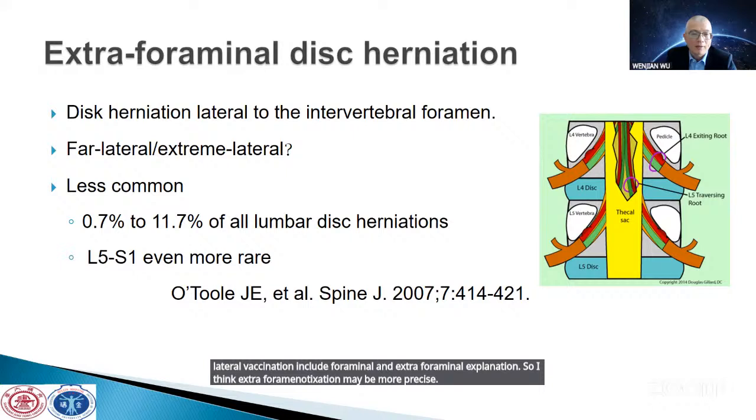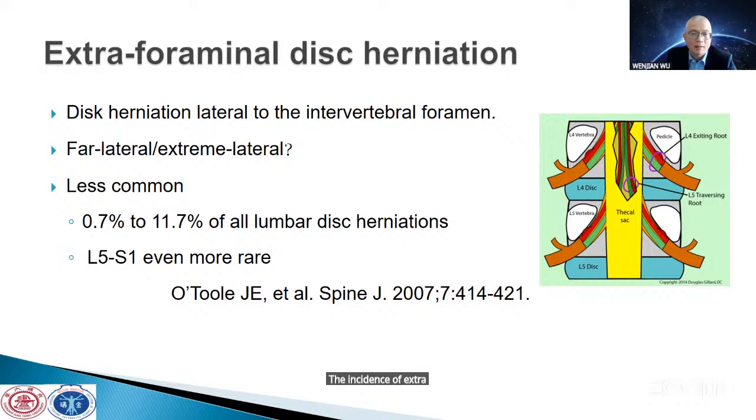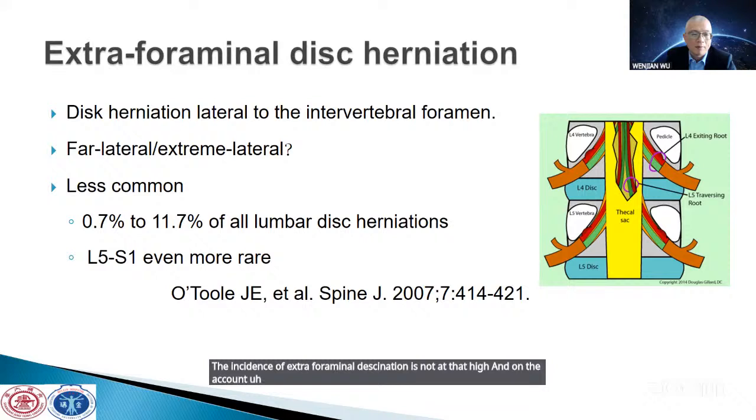The incidence of extraforaminal disc herniation is not that high, accounting for maybe about 1 to 12% of all lumbar disc herniation. The most frequent sites are the L4-5 or L5-6 levels. L5-S1 is much more rare.